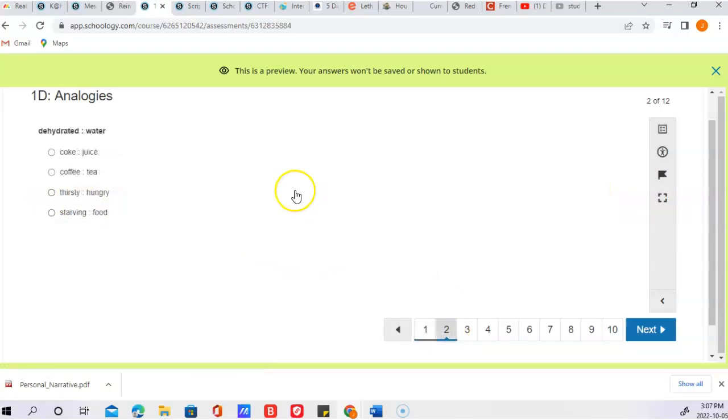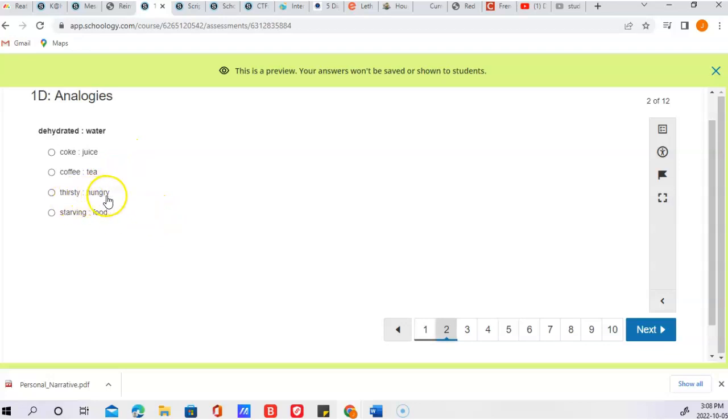Let's look at another one just because we have time. Here we have the words dehydrated is to water. So dehydrated and water, we could make a sentence saying, if you are dehydrated, use water. So which one makes sense? And we actually did this one in class too.